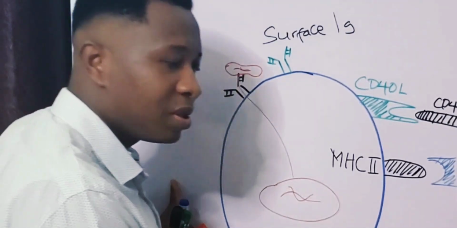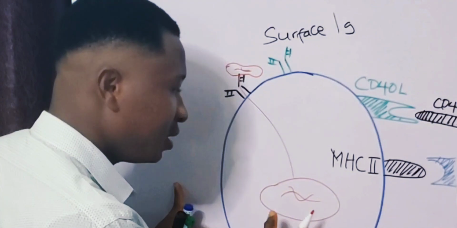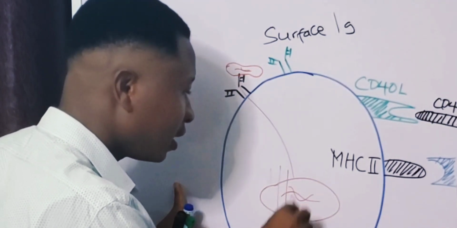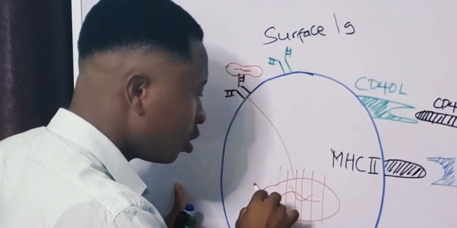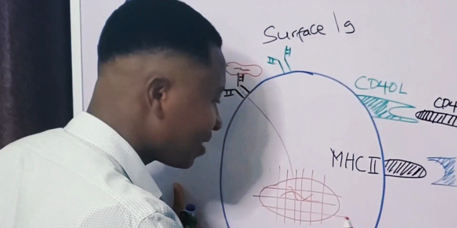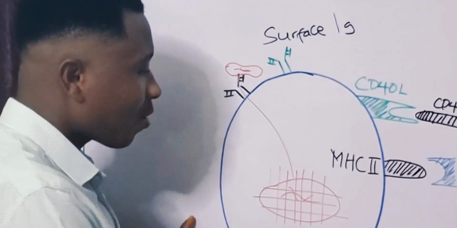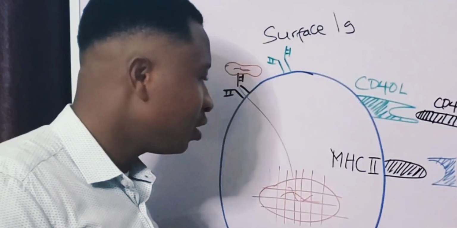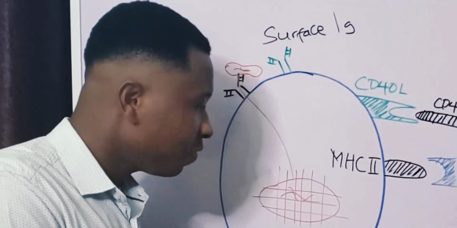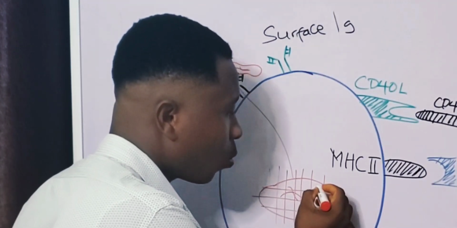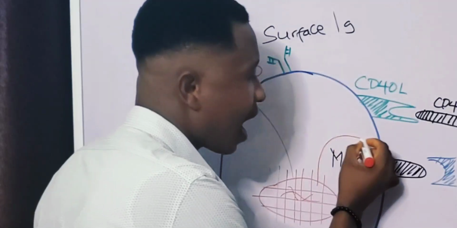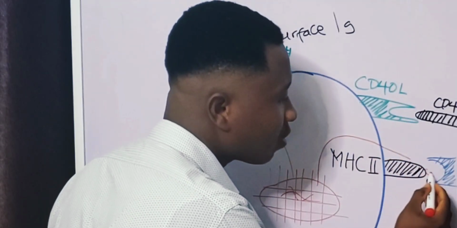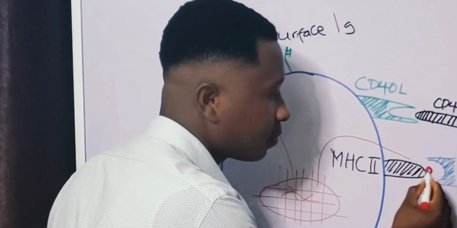And when it enters the B cell, what happens is that the B cell begins to shred this organism into smaller parts. Okay. Now, after the shredding, it has the ability to pick one part of the fragment and load it on the surface of the MHC.